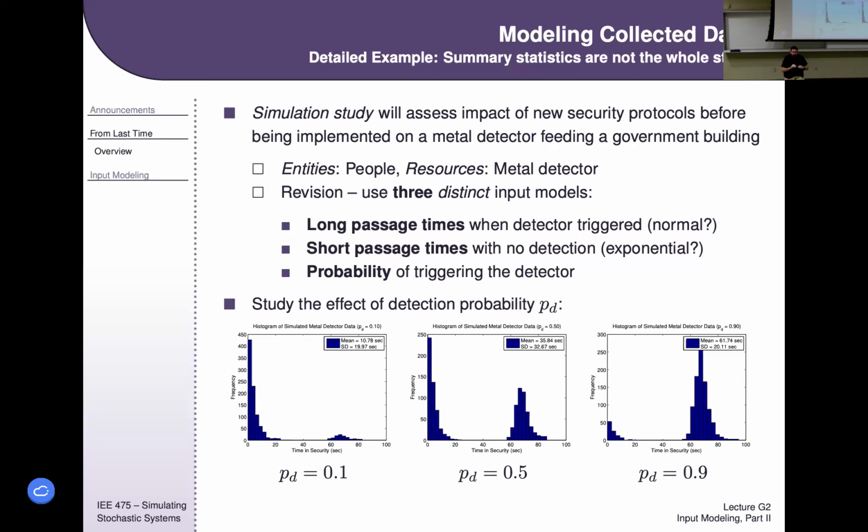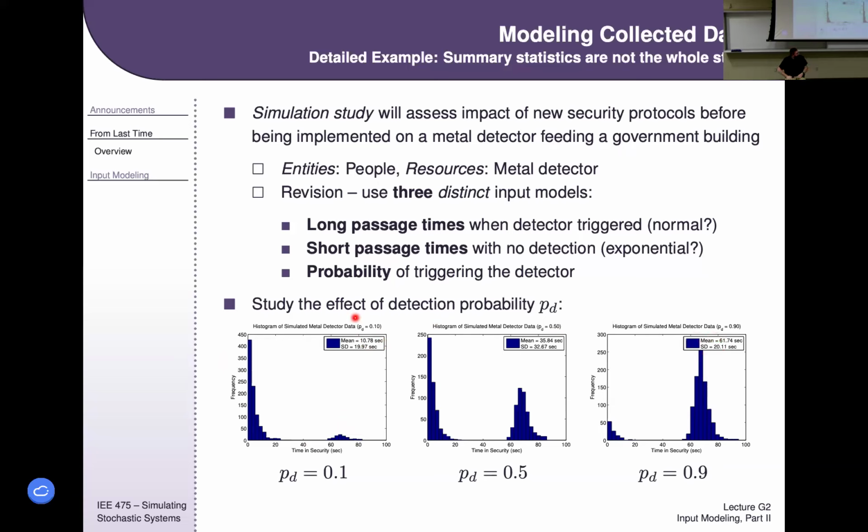And by going into my sim and changing the probability of triggering the detector, I can see the output of my sim varies from here where it's mostly exponential, and the mean for the whole population, this so-called mixture model, where it's a mix of 2 different models, the mean of this model is only 10 seconds. Whereas over here, where there's a population that's very new to this process, and so everybody gets flagged and everybody has to go through secondary screening, then the mean here is a minute.